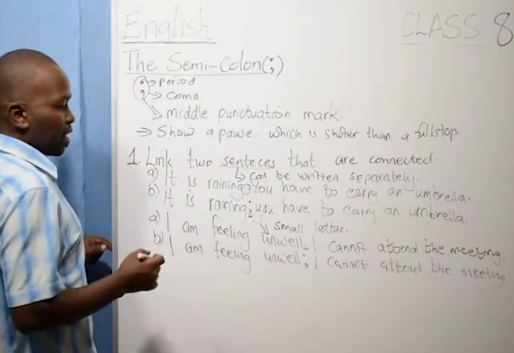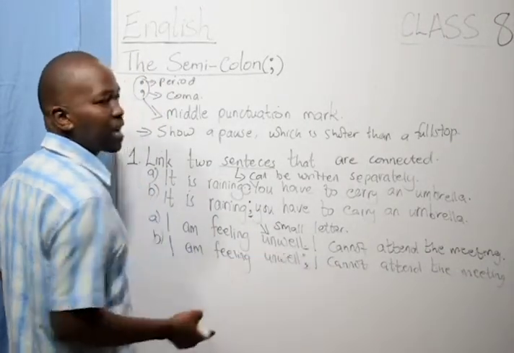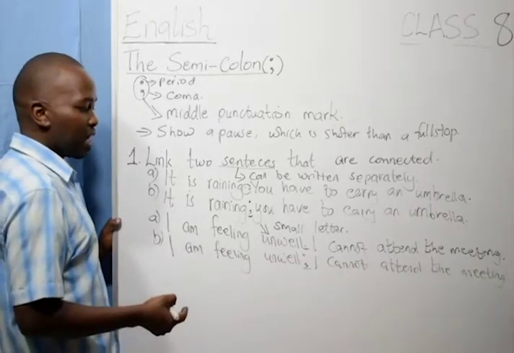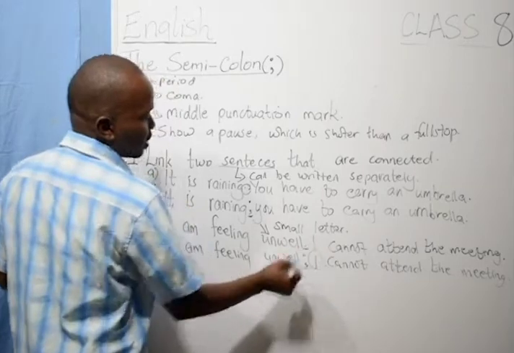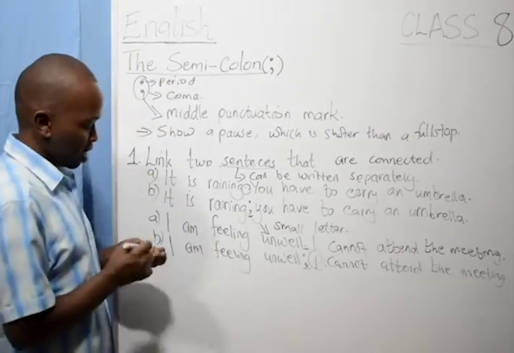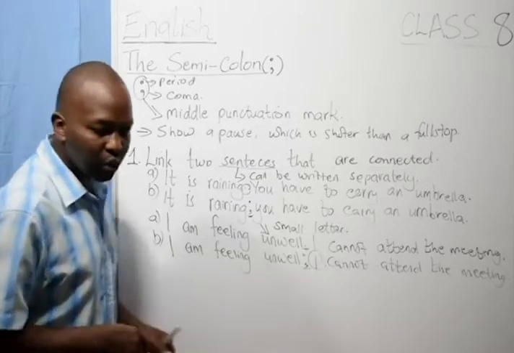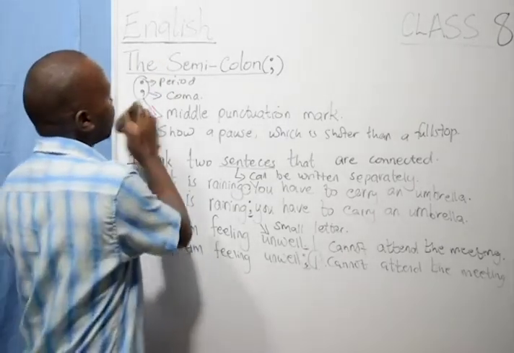So remember that the next letter after the semicolon is a lowercase letter. Of course, you have to know that I is always used as a proper noun and it always comes in capital. So that is one way of using the semicolon.